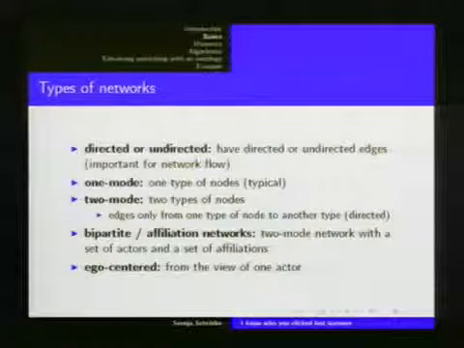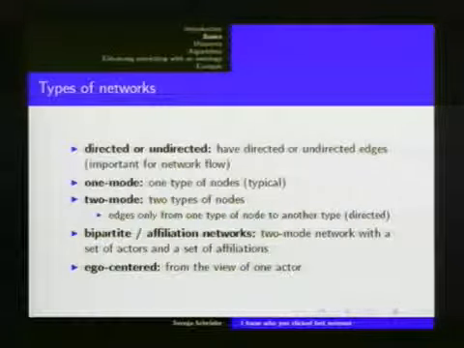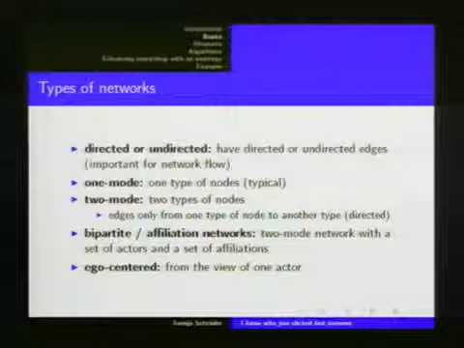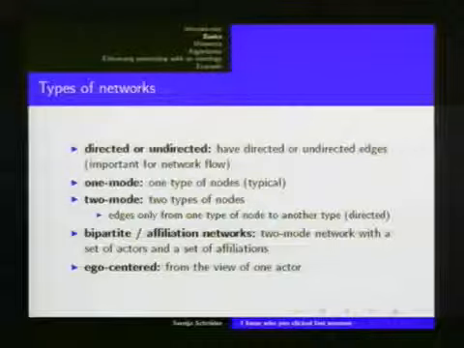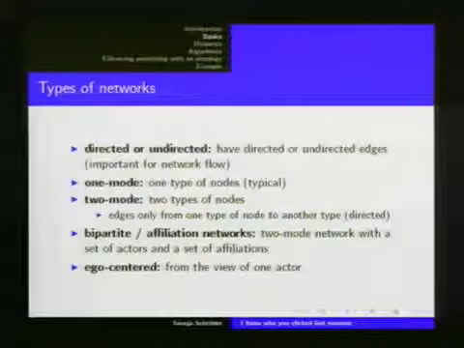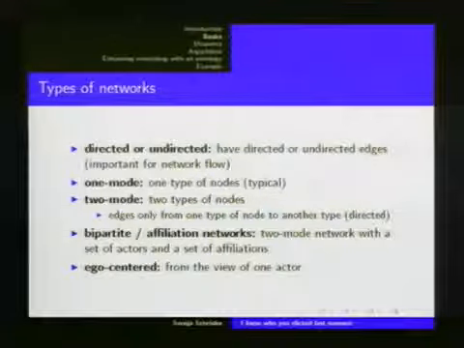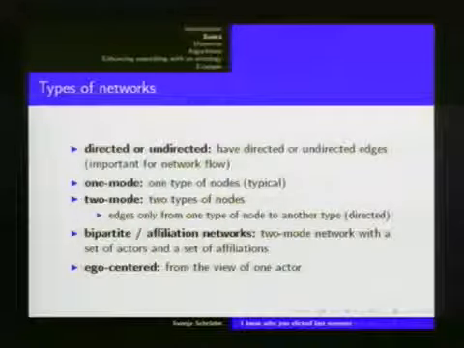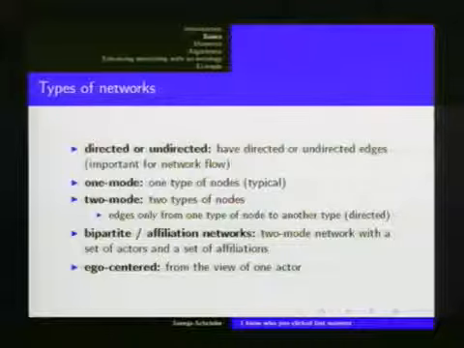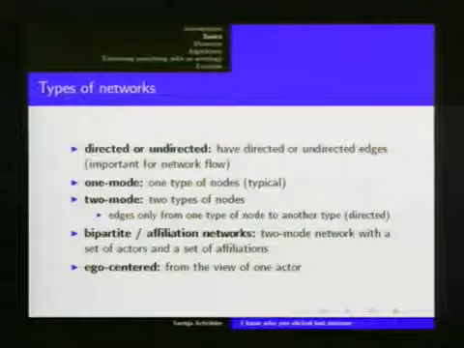There are different types of networks. The type of network you choose depends on the network you want to examine. For example, if you have mutual friendships in a social community, where you ask someone for friendship and the other person has to accept, then it's a mutual friendship on which both persons have to agree.